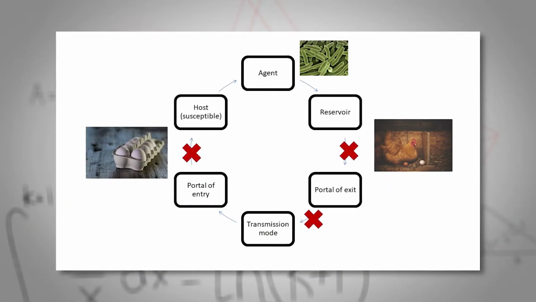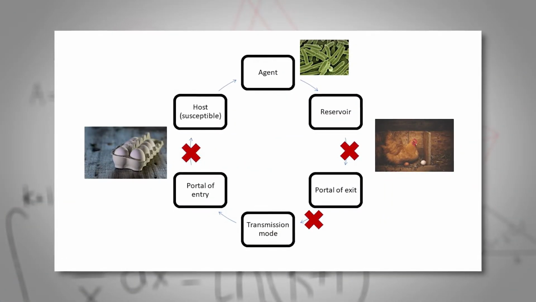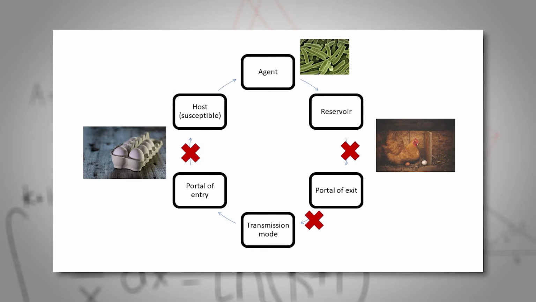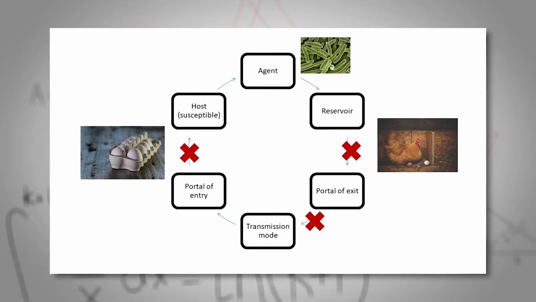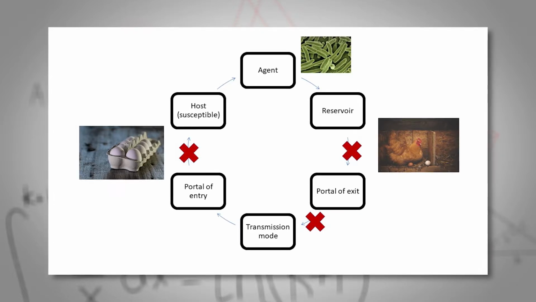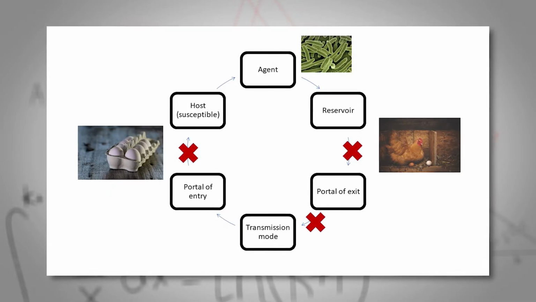So, without further ado, just a recap as to what we talked about in the last video. I showed you the chain of infection. In the chain of infection, you have some sort of agent, in this case, salmonella. You have a reservoir where the agent normally stays, the outside skin of the chicken and the intestines of the chicken, and then a portal of exit. Whenever the chicken lays its eggs, sometimes salmonella attaches to the eggs and moves through.